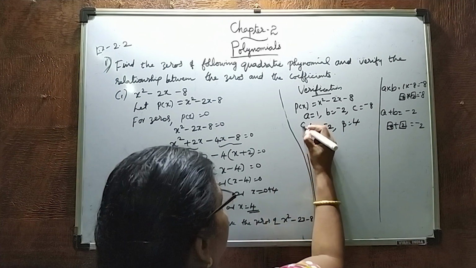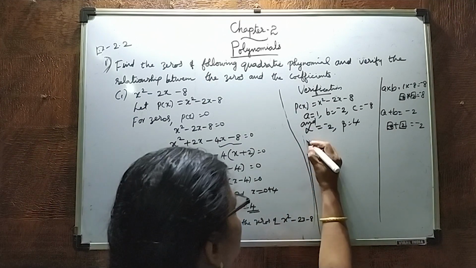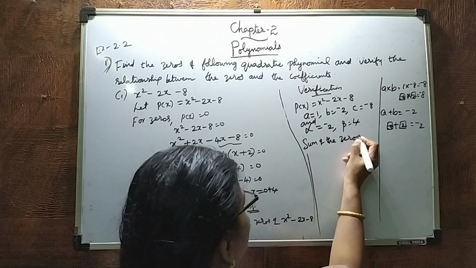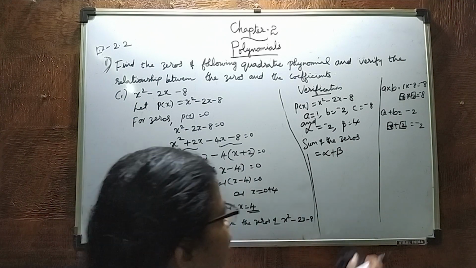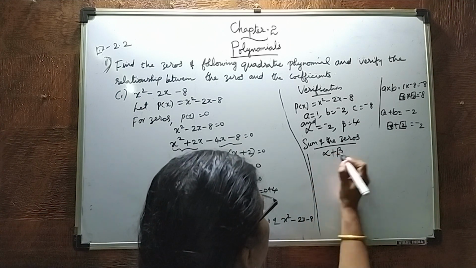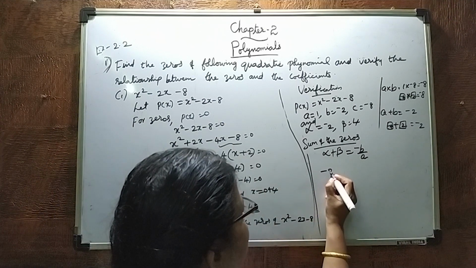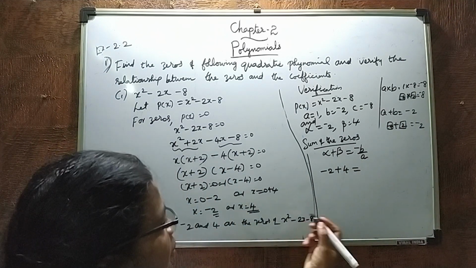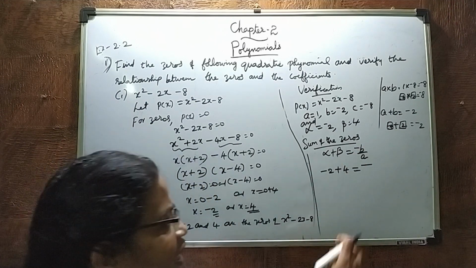Okay, so here we will write, and then we will apply now. First one, sum of the zeros equals alpha plus beta and it should be equal to negative b by a. Take alpha negative 2 plus 4 should be equal to negative b by a. Already one negative sign is there, that negative you have to write.